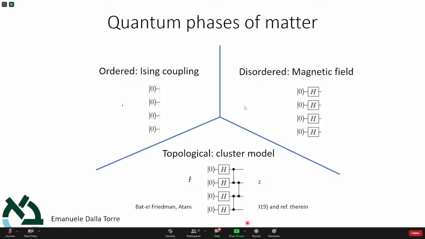You just apply Hadamard gates on each qubit, and then couple neighboring qubits by controlled-Z gates, and you did it. So it's a very shallow circuit, right? It's very easy to prepare. You just need a very small number of gates. And you remember, applying many gates is a problem, but here we need to apply only a few.